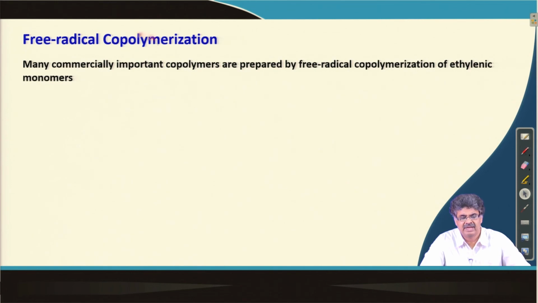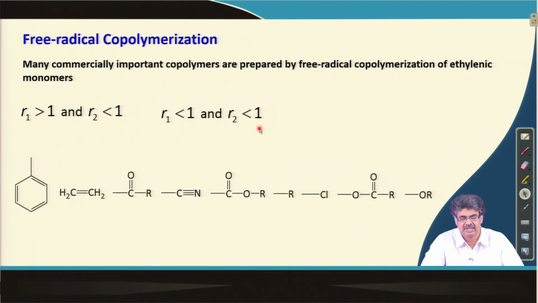If we talk about free radical copolymerization, then many commercially important copolymers are prepared using free radical copolymerization of ethylenic monomers. Some of the examples I talked about in the last class. As we discussed, there are two common scenarios: R1 greater than 1 and R2 less than 1, and both less than 1.